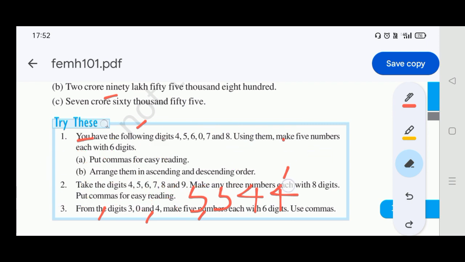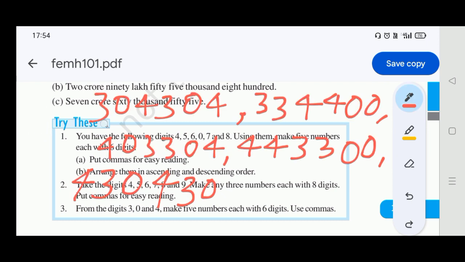Moving to the third question. The third question is, from the digits 3, 0, 4, make 5 numbers each with 6 digits. Use commas. I have written here the 5 numbers which are mostly possible with 6 digits.